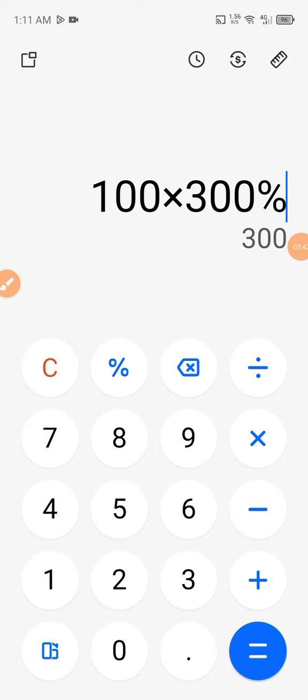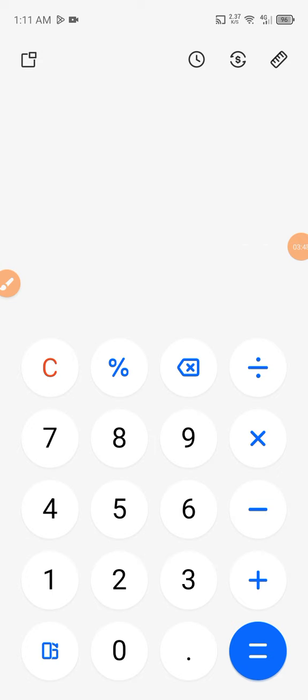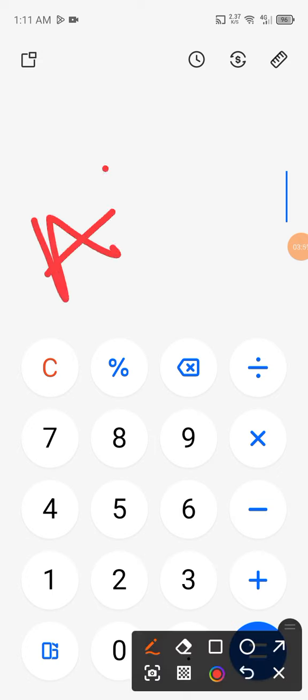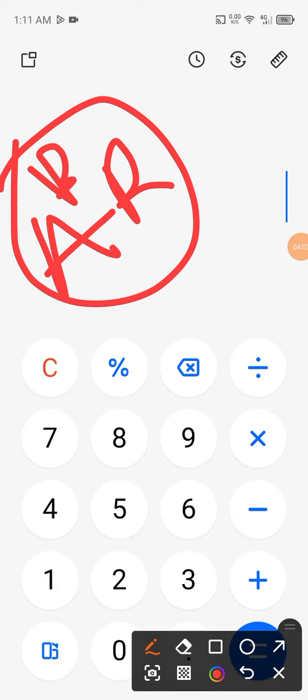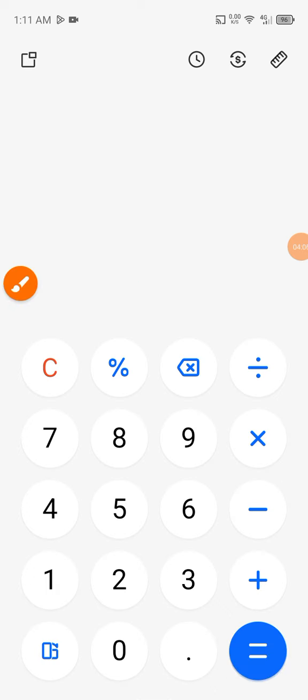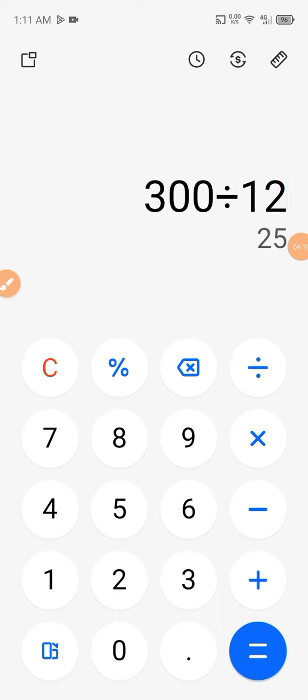For those of us who are complaining of the APR, if you say this is per annum, then this 300 divided by 12, you get 25.